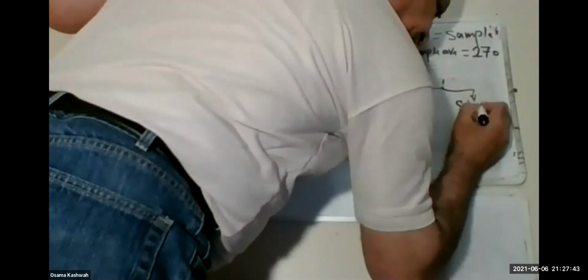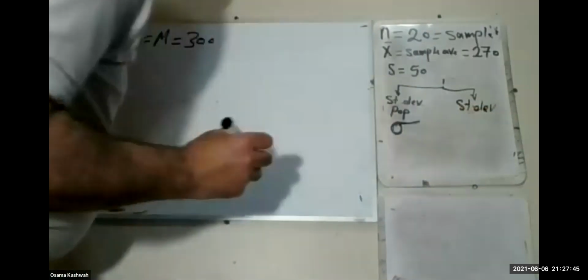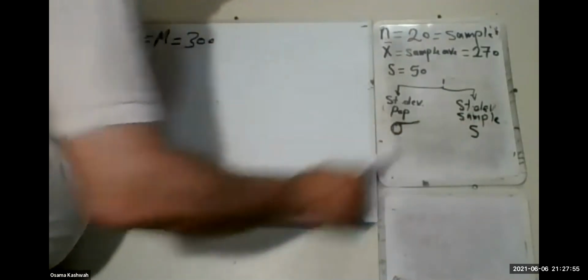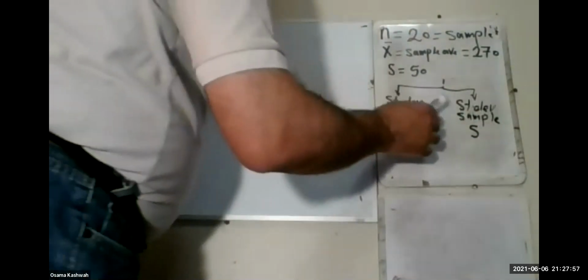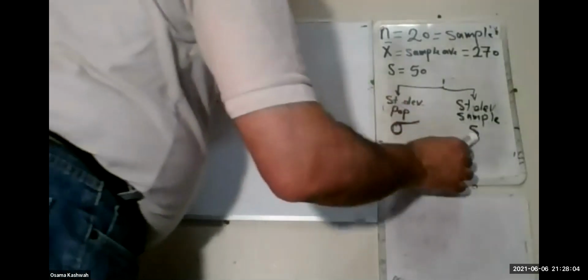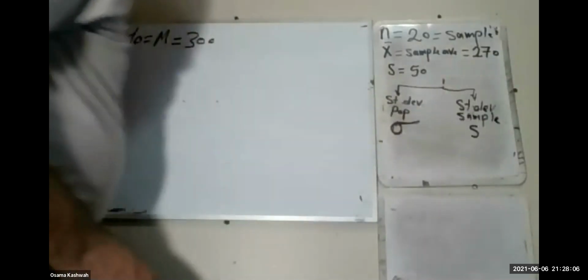But the standard deviation of the sample, we give it this S. So it's the same standard deviation, but for the whole population we call it sigma, and for the sample we call it S.